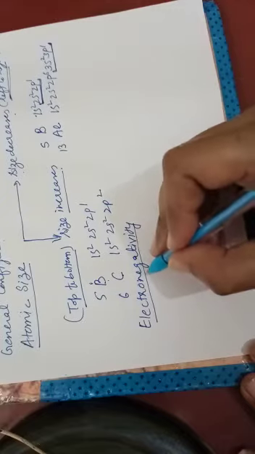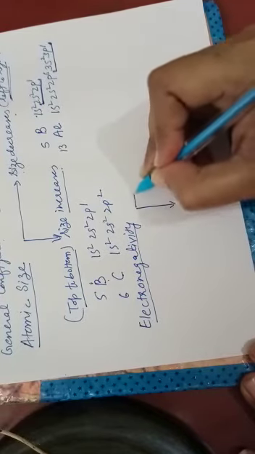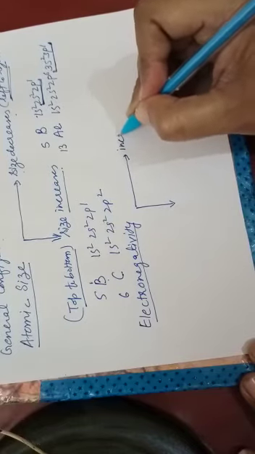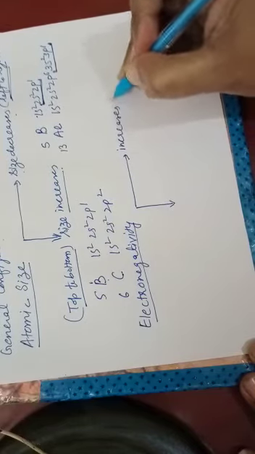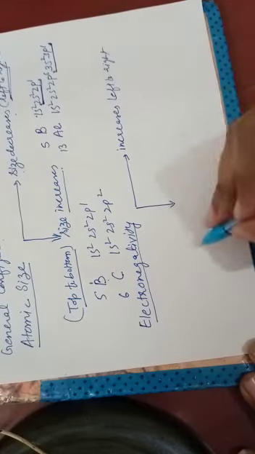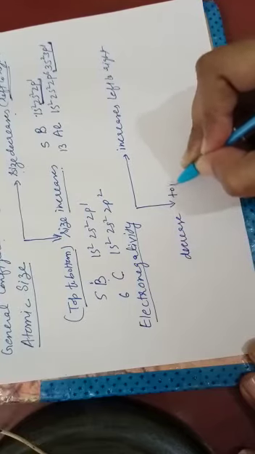When we move left to right, what is the trend in electronegativity? It increases left to right, but decreases top to bottom.